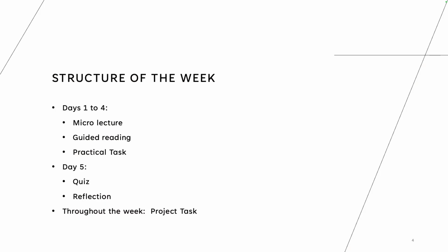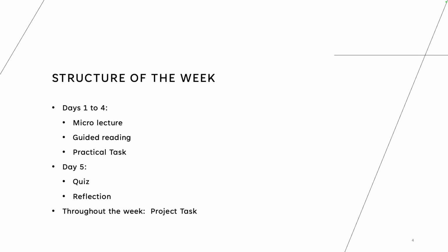Next, let's talk about how the week is structured. Each of the first 4 days includes a micro lecture, a reading, and a practical task. These are short but focused sessions designed to keep you engaged and progressing. Each micro lecture will introduce a core concept like understanding views, templates, models, the URL conf in Django, and also delving into ORM and querying a database.